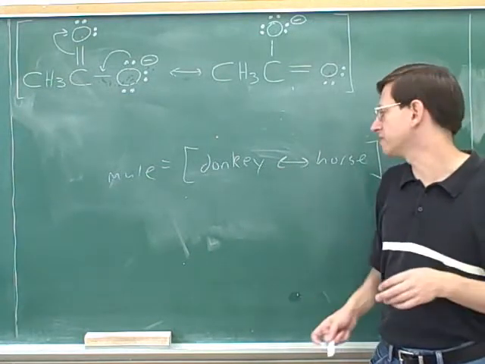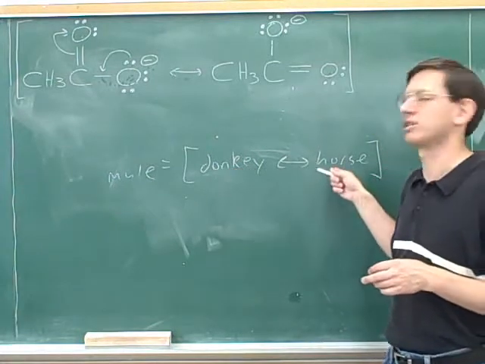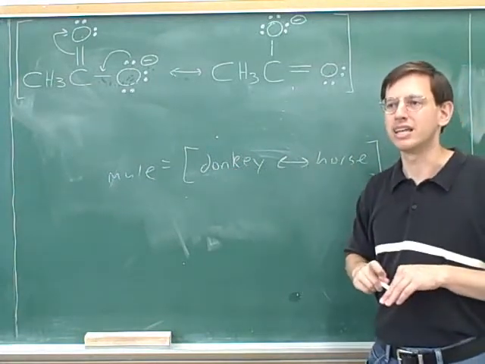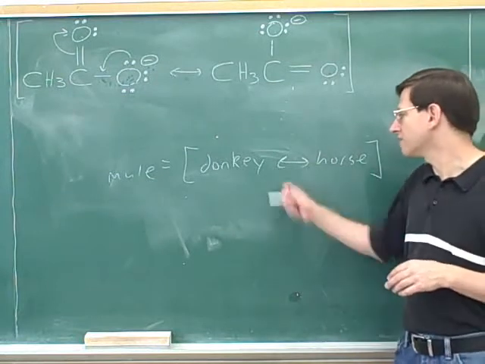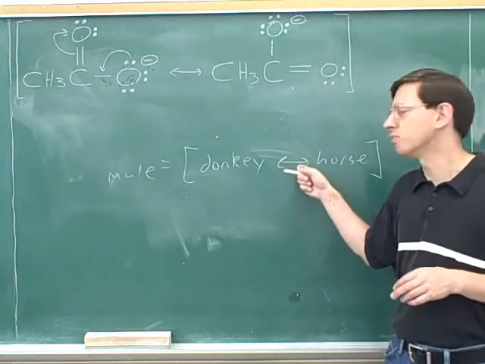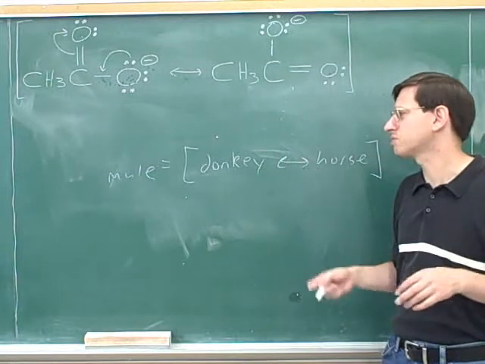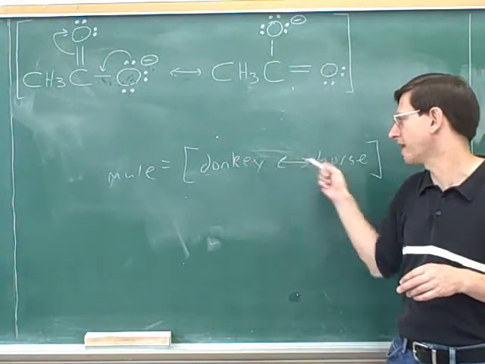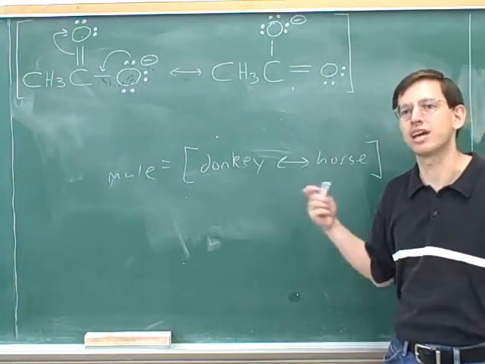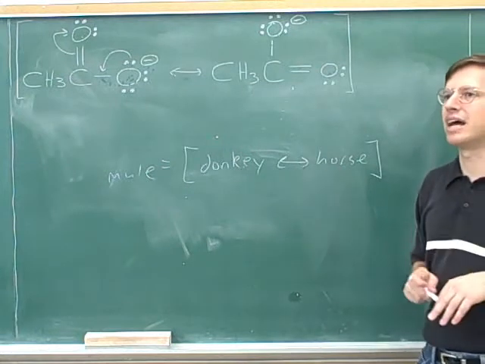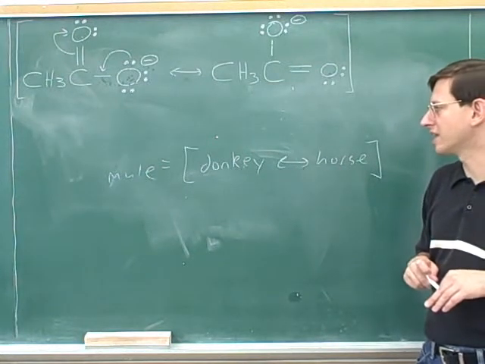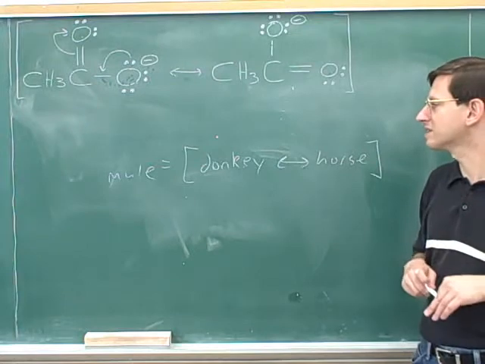So the best they could do would be to form a mental picture of a donkey and a mental picture of a horse and blend those together in their minds. But again, even though we have this double-headed arrow here, when we talk about resonance, we're not really suggesting that the mule is flipping back and forth between these two appearances. It only has one appearance. So hopefully that analogy helps you a little bit to understand what resonance means.